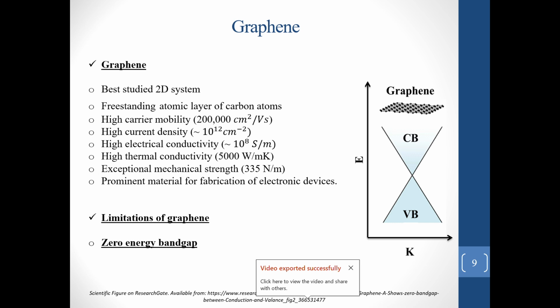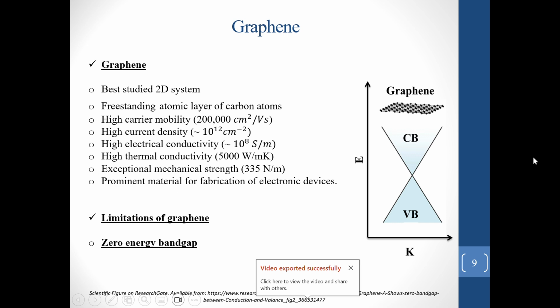And exceptional mechanical strength, which is 335 newton per meter, and a prominent material for fabrication of electronic devices, because it has a vast variety of applications and features, as we discussed: high carrier mobility, freestanding atomic layer, high current density, higher electrical conductivity, and higher thermal conductivity.